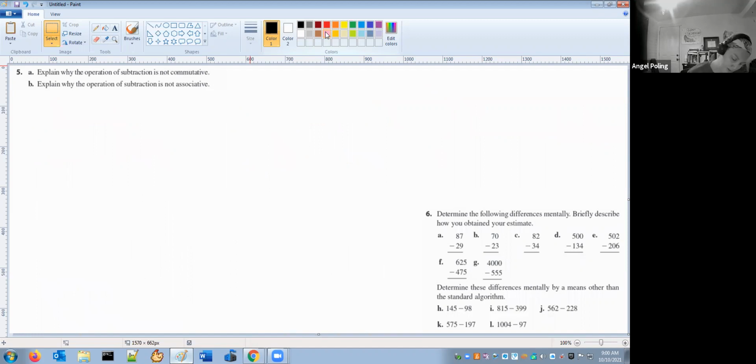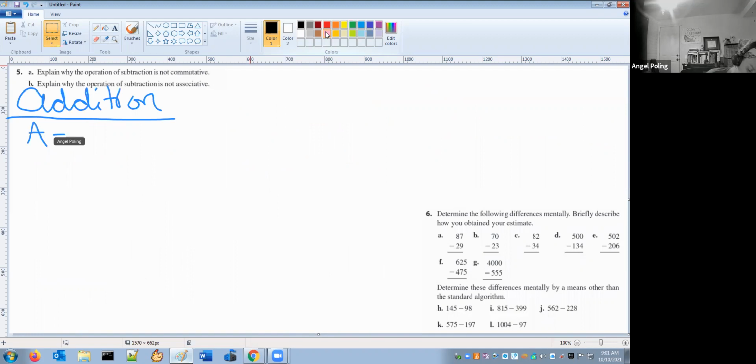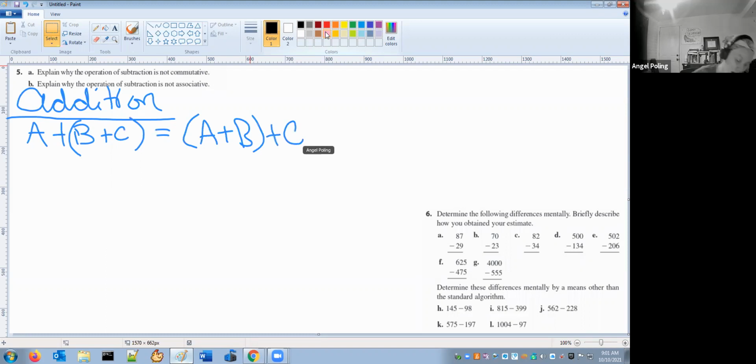For association, in addition, that looks like A plus B plus C has the same value as A plus B plus C. So here we have the A plus the quantity B plus C versus the quantity A plus B plus C. And what we say and show is that these have the same values, right? We use the snap together blocks and stuff like that.